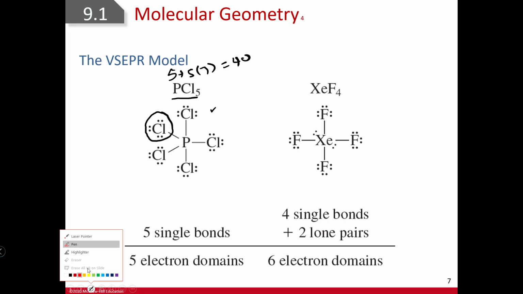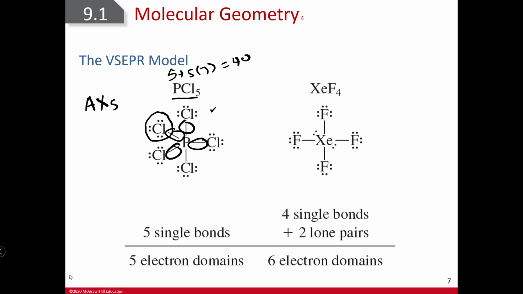So what you need to do then is you would think about what's the classification. And again, I don't think the book stresses this enough, but to me, one of the most important parts of this is to classify this. This is AX5, where X stands for these bonding groups, the 5 bonding groups coming off the central atom. Again, VSEPR does not distinguish between a single, double, and triple bond.